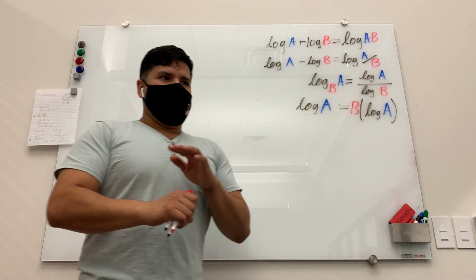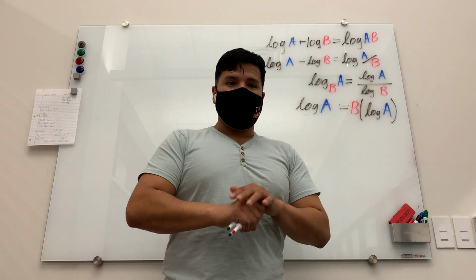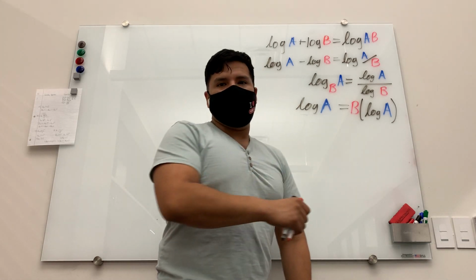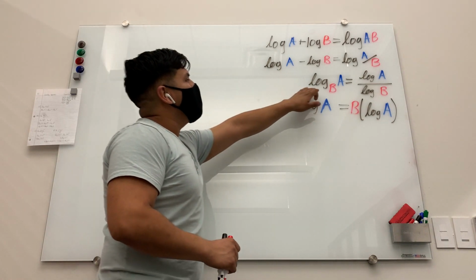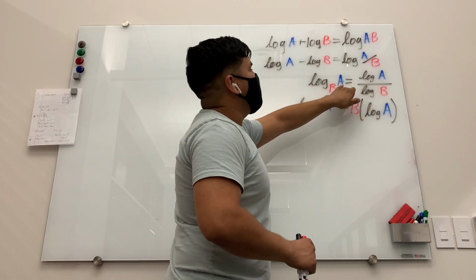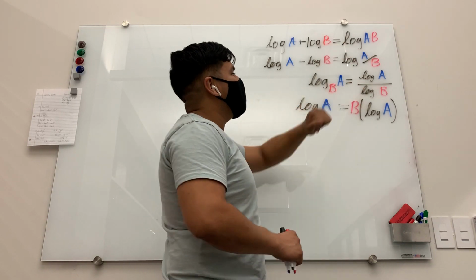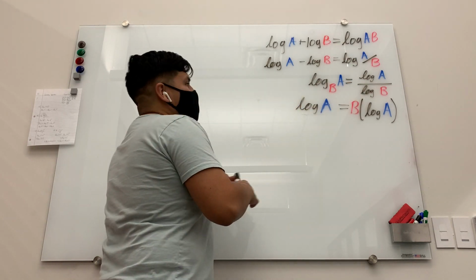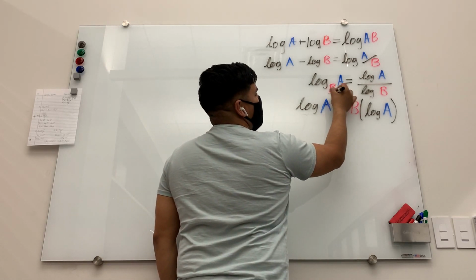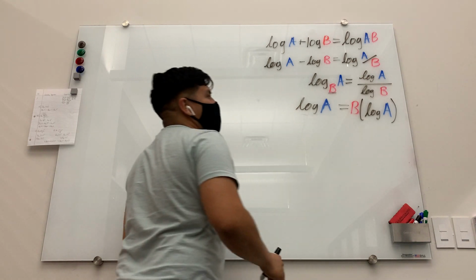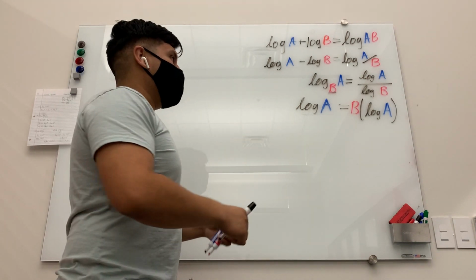For now, accept it at face value. So log base b of a is equivalent to log of a, our numerator, divided by log of b, our denominator. Another way to think of this is that base, as in bottom, is always going to be in the denominator, the lower position of our fraction.